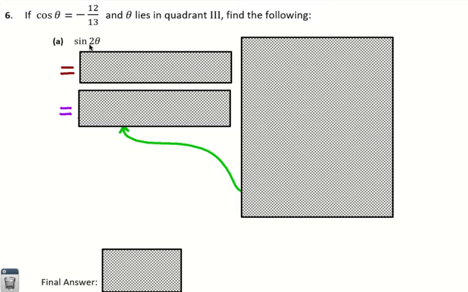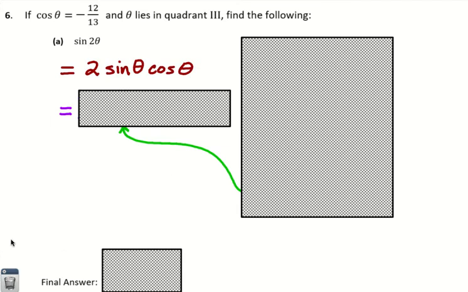So check your double angle formulas, because the sine of 2 theta or the sine of 2x, same thing, equals 2 times the sine of theta cosine theta. Well, in your original directions, you already know that the cosine of theta is going to be negative 12/13, but what is the sine of theta?